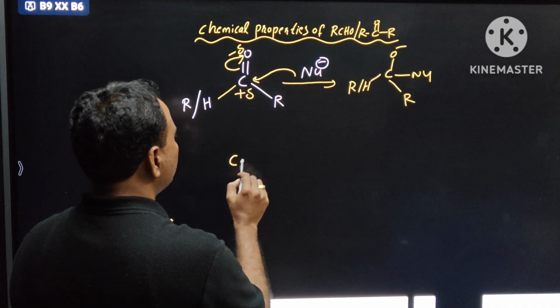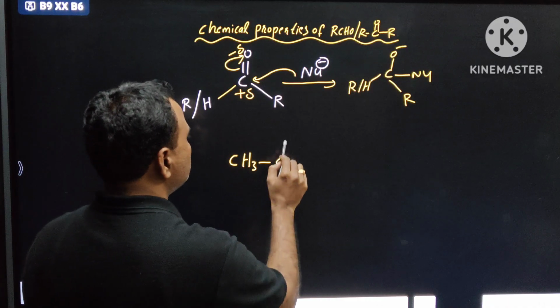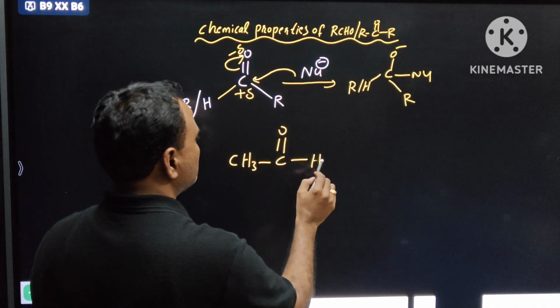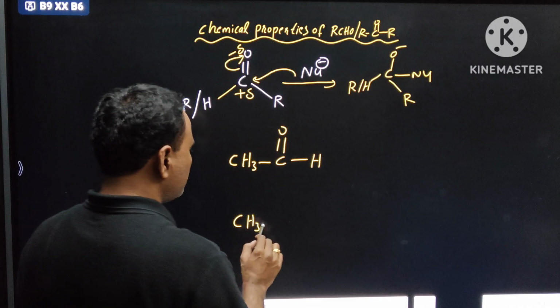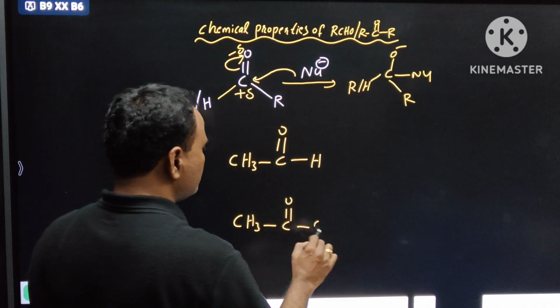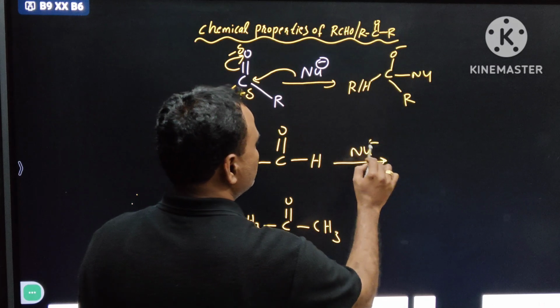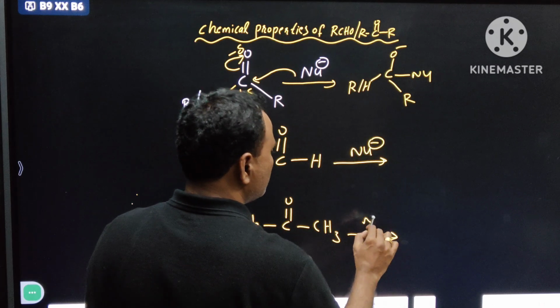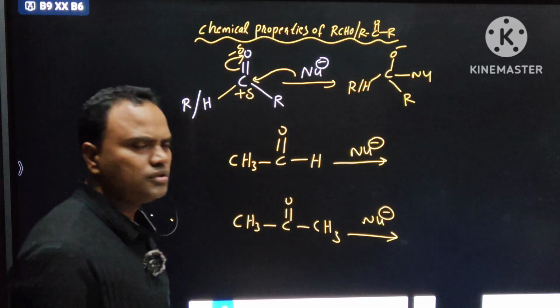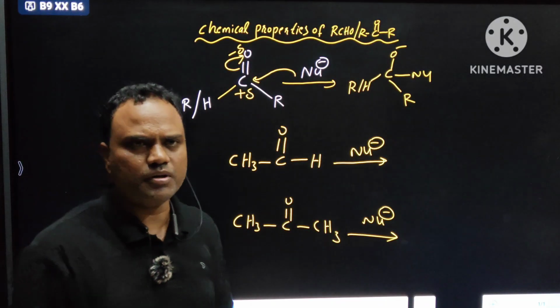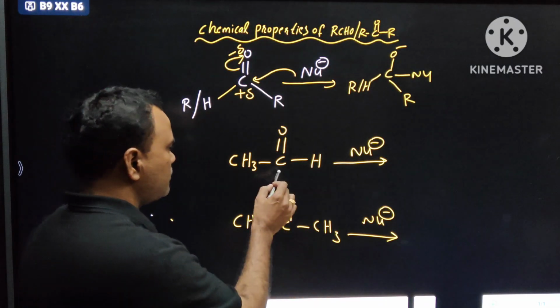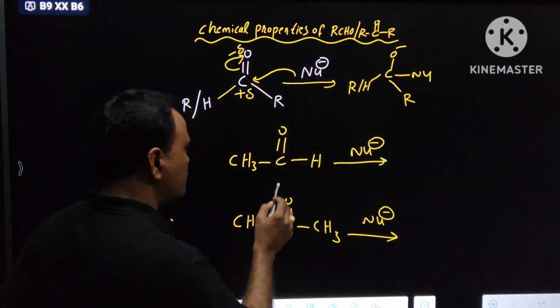I am taking one aldehyde, CH3 C double bond O H, and a ketone, CH3 C double bond O CH3. I am adding nucleophile to it. Nucleophiles are negatively charged species. They add to the positively charged carbon. Clear? Right. Now I am writing positive charge on this carbon.